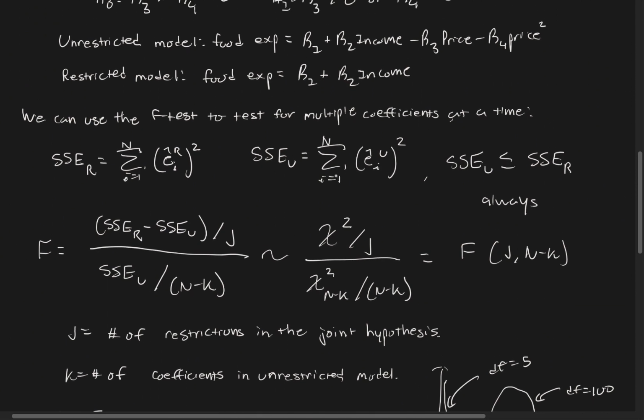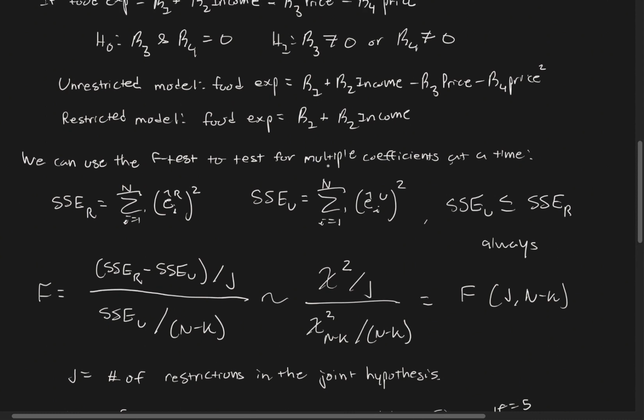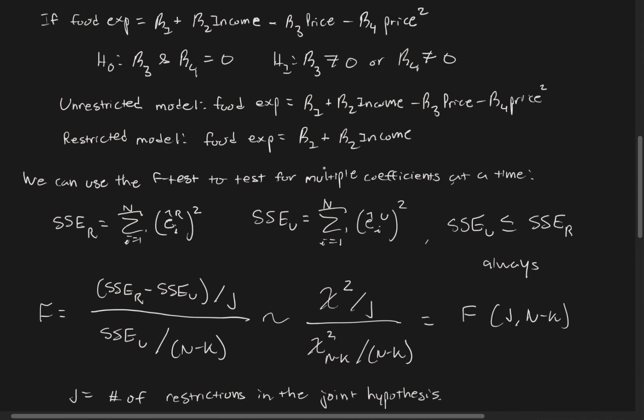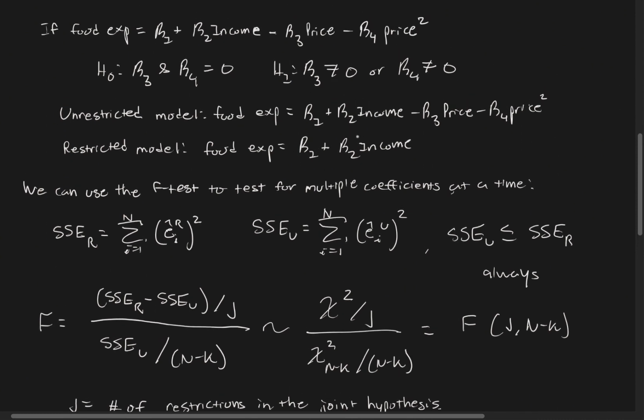And then recall that our unrestricted model has more coefficients, so it will always have a lower sum of squared error, because we have more variables trying to predict food expenditure.